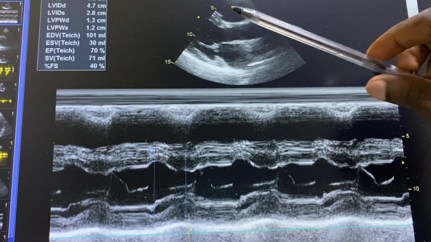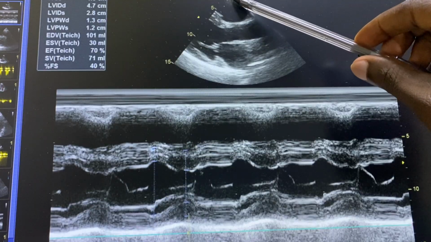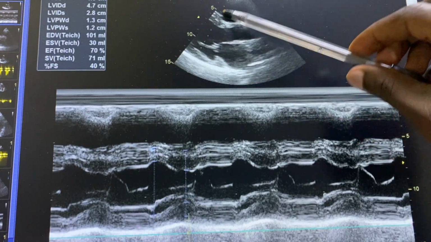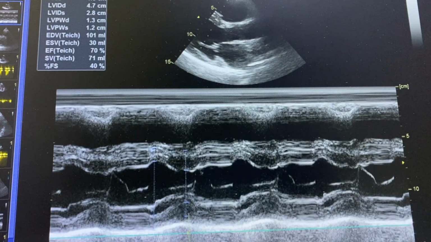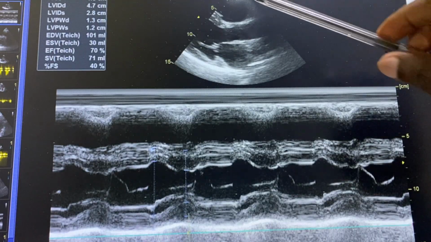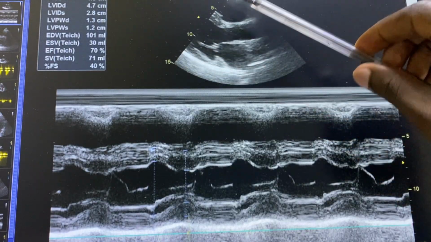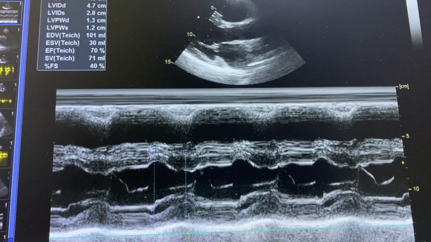If I am to tell you, this is an M-mode scan line here. You see the dotted line here? You have to be as perpendicular as possible when you are taking your M-mode cut section. And then we take at the tip of the mitral valve, as perpendicular as possible to the IVS and the posterior wall.